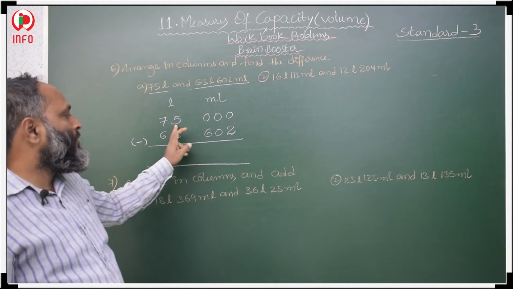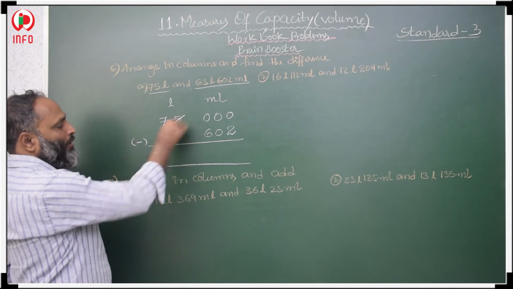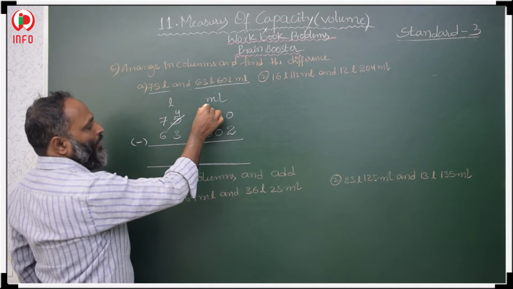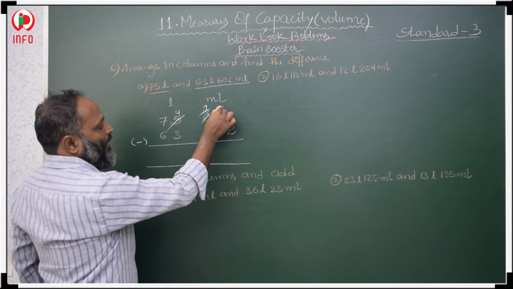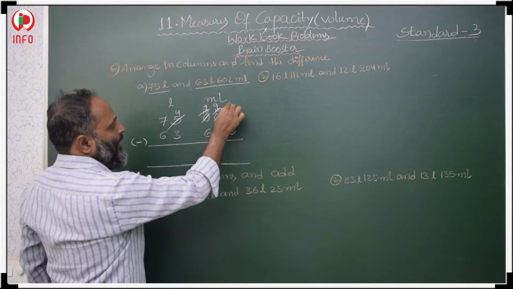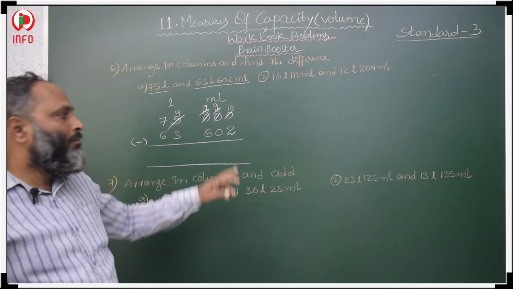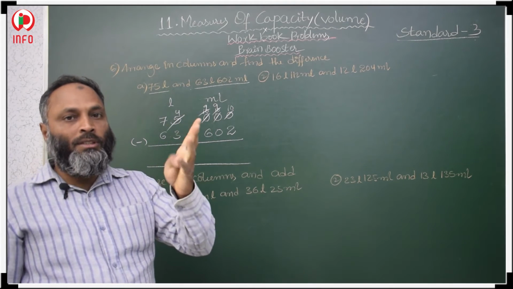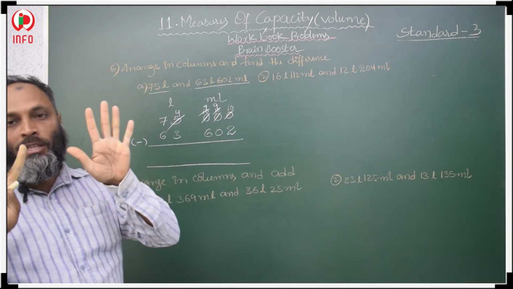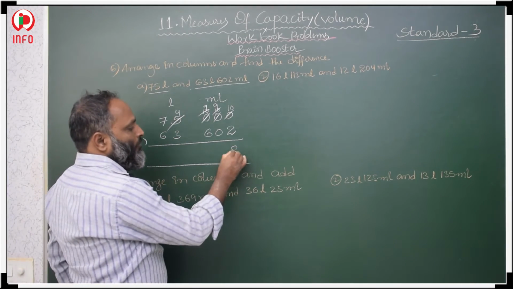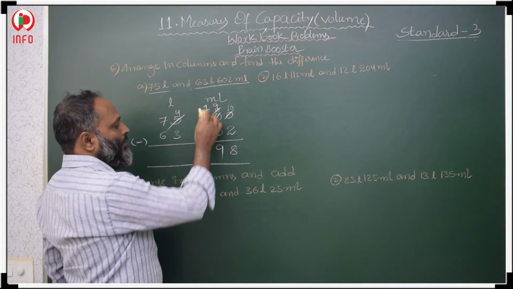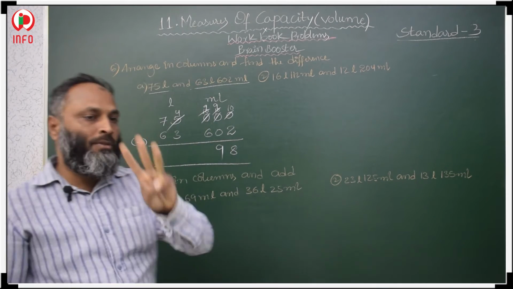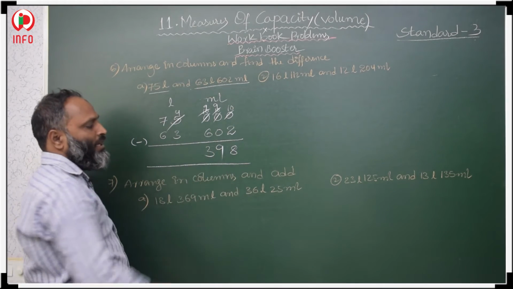0, 0, 0 means we have to take borrow from here. If you take borrow from here, it will get 4, here you will get 10. If you borrow again, you will get 9 here, you will get 10 here. Again borrow from here, you will get 9 here, you will get 10. 10 minus 2 means from 2 to 10 we have to count, it is 8. 9 minus 0 is 9. 9 minus 6 means 6 to 9 we have to count, it is 3. 398 milliliters.